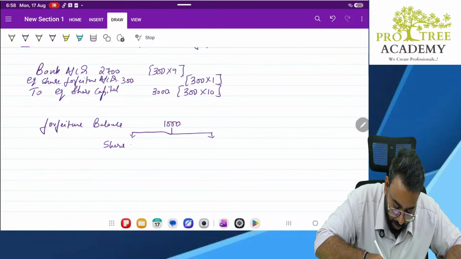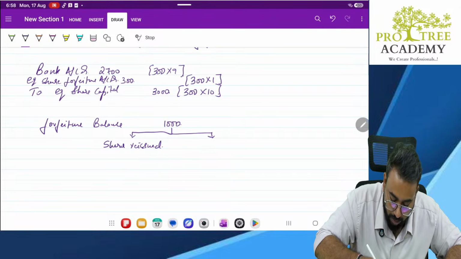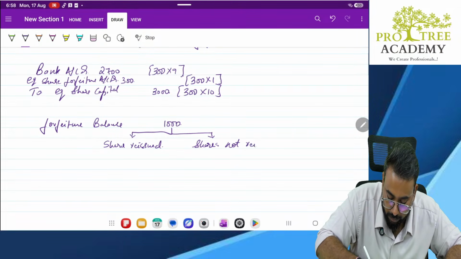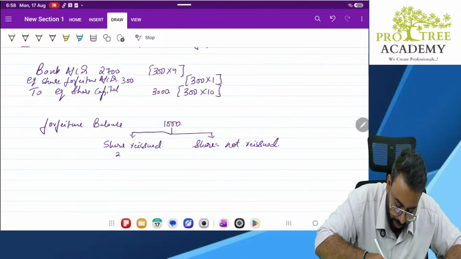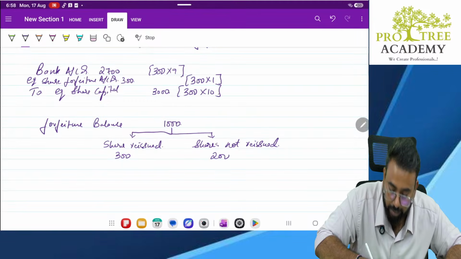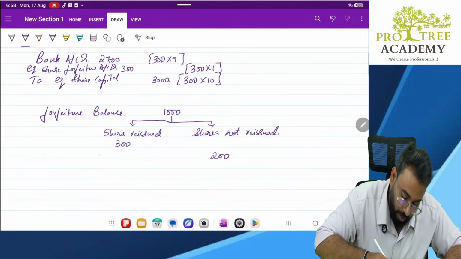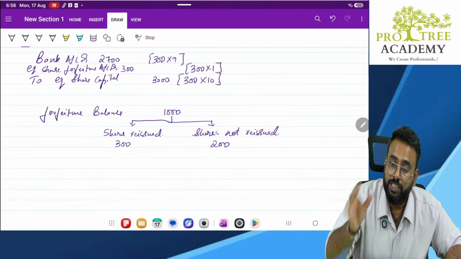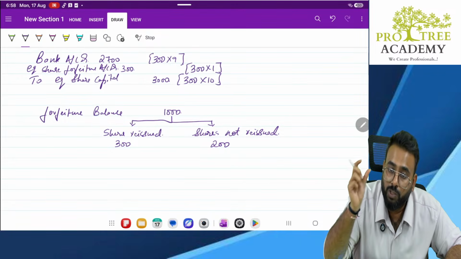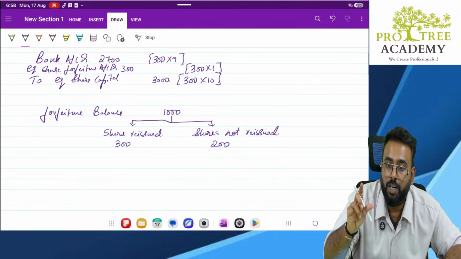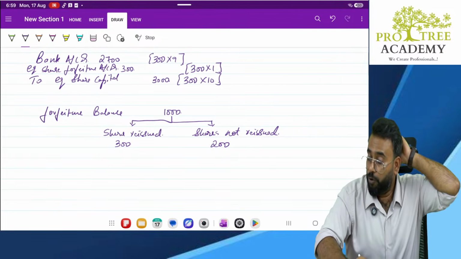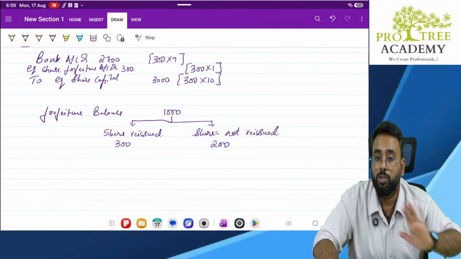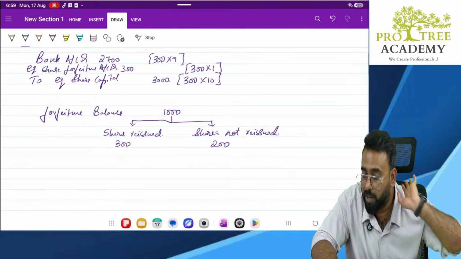Shares reissued and shares not reissued. Shares reissued, 300. Here, 200. The forfeiture balance on shares reissued should be transferred to capital reserve, whereas the forfeiture balance on shares not reissued should not be transferred.